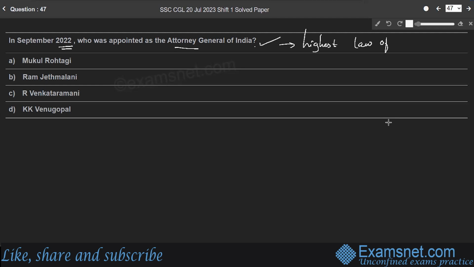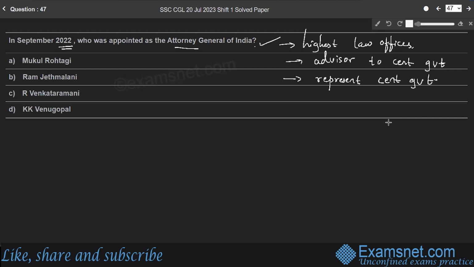As the chief legal advisor to the Government of India, the Attorney General advises the central government on all legal matters. Apart from this, the Attorney General of India also represents the central government in the Supreme Court.